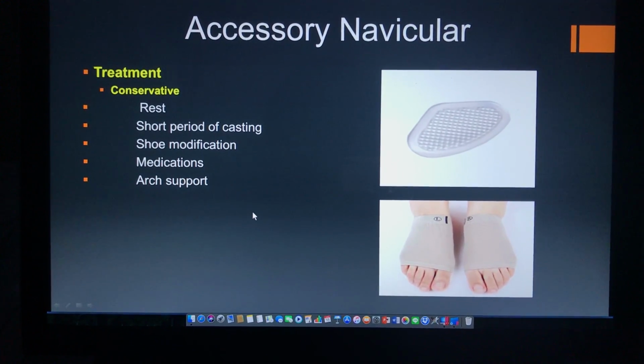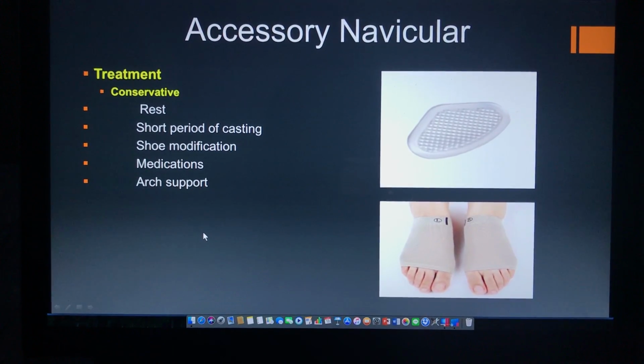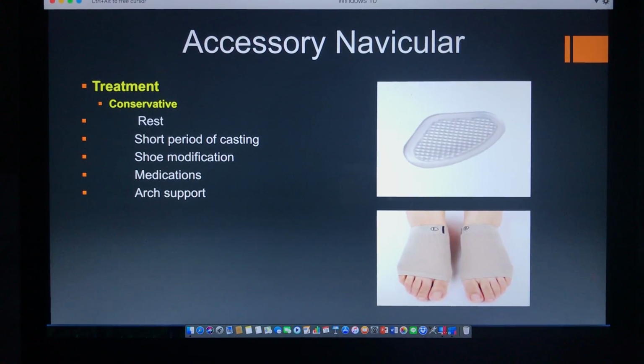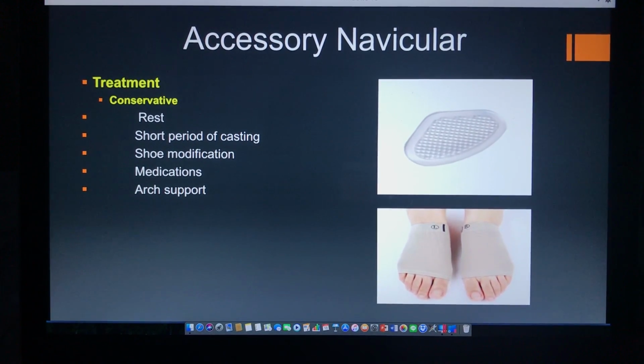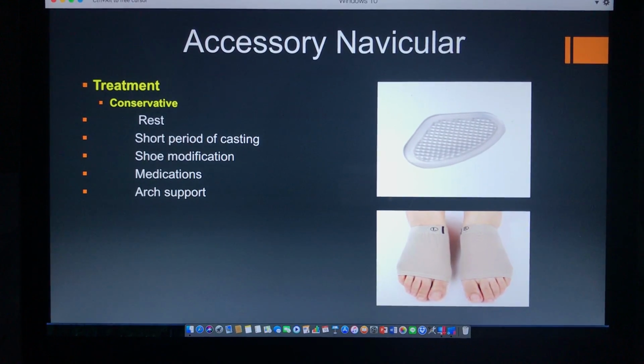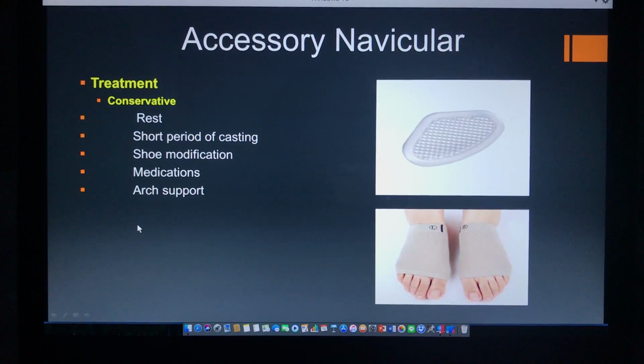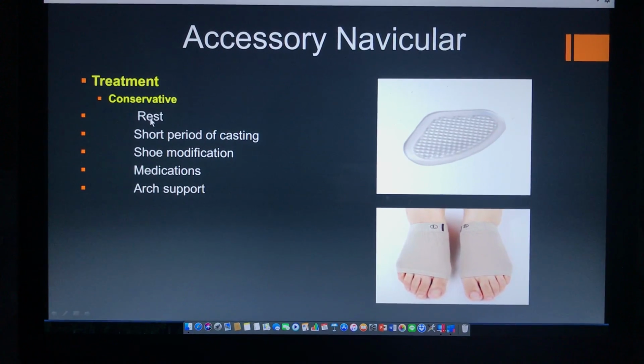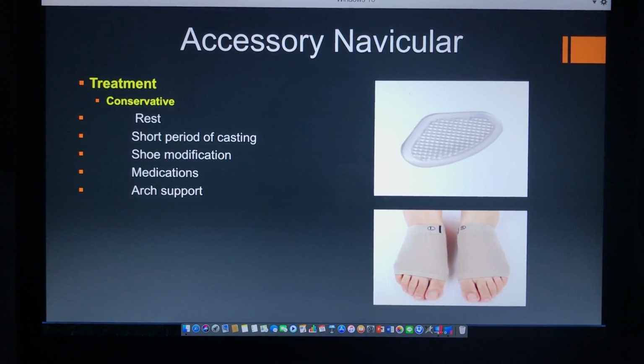Once you estimate the diagnosis of the accessory navicula by physical examination, seeing the prominence on the inner part of the foot, and the x-ray shows the accessory navicula, the treatment should consist of conservative management, including rest. Try to use the foot as little as possible.